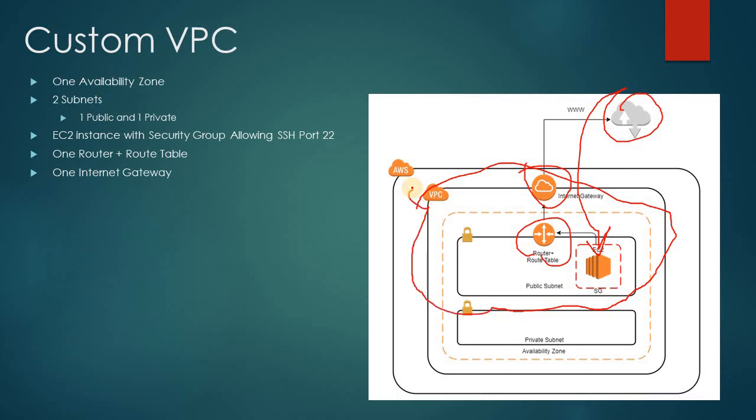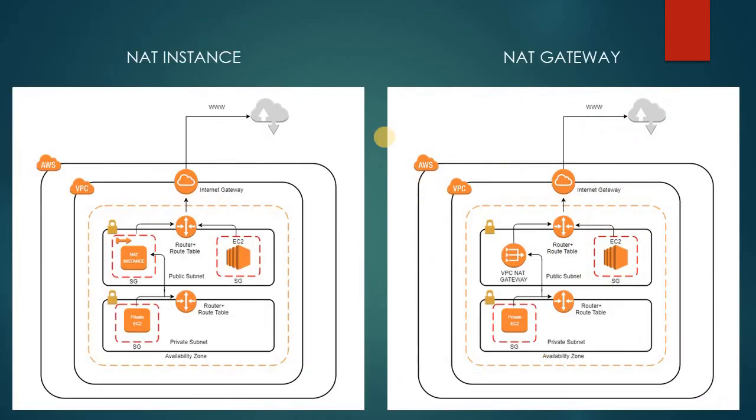In the next class we will learn how to create a NAT gateway. Once we have a private EC2, another EC2 machine, we will learn how to connect our private EC2 machine with the internet, but outside people cannot access our EC2 machine.